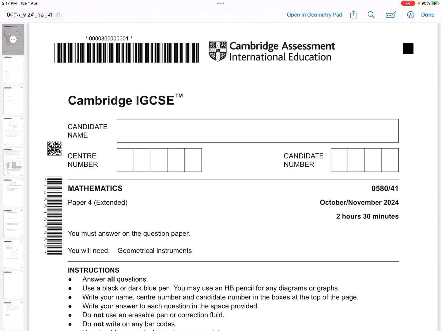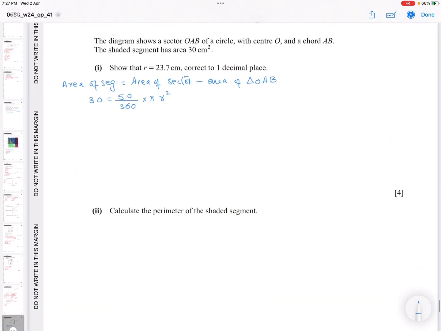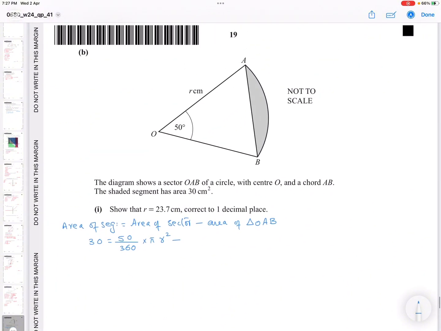Radius is r, minus area of triangle OAB. This is an included angle triangle because the angle is given and its length in terms of r is given.